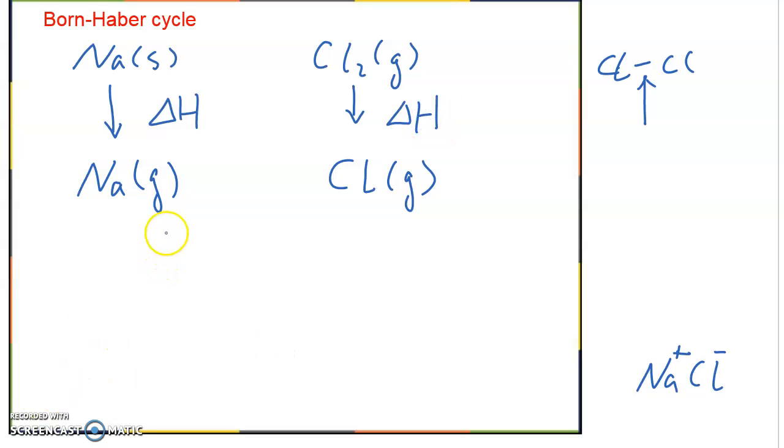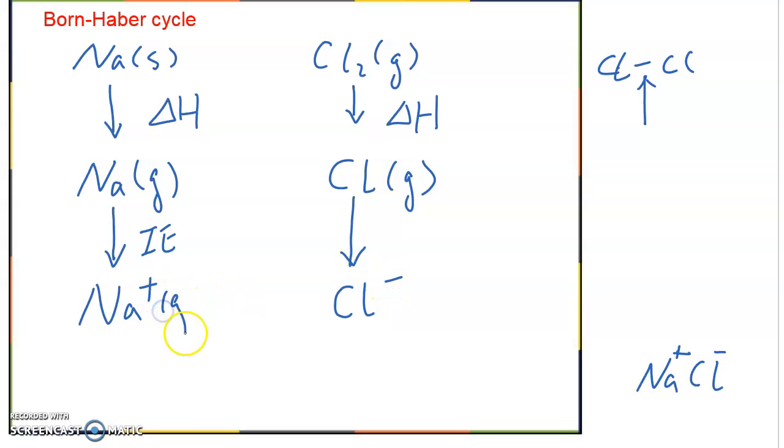So what's next? I can make this into Na plus. And what type of energy is that? It is the ionization energy, because from the gas atom over here, we ionize it and we get an ion. What about this one, from Cl into Cl minus, still in the gas form?